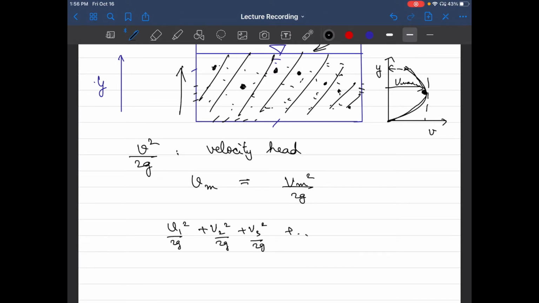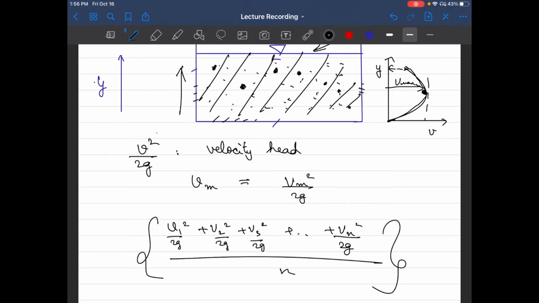If we have n points here, so it would be Vn square by 2g divided by n. So this will also represent some mean properties associated with the velocity head, but here we are calculating the velocities at n different points.